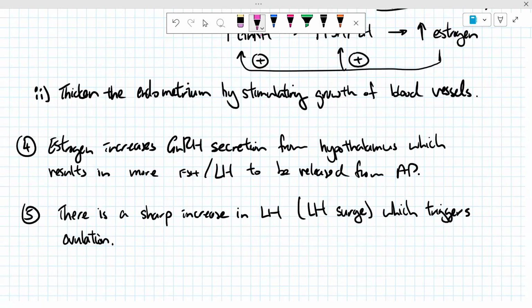The LH is actually the hormone that you're testing for in an ovulation kit. Ovulation kits detect the level of LH in urine.